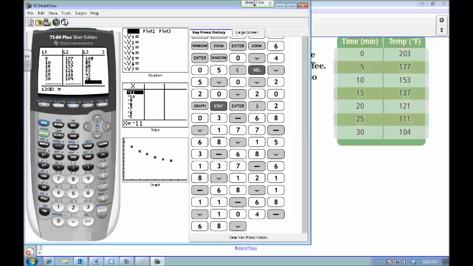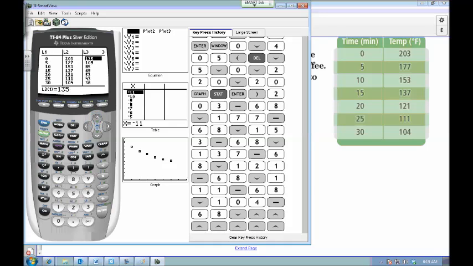Oh, it's right here. 203. Yeah, we just write in 203 subtract 68 and it'll calculate it for you.